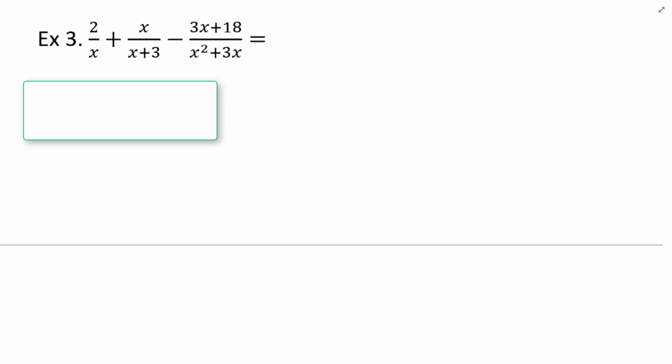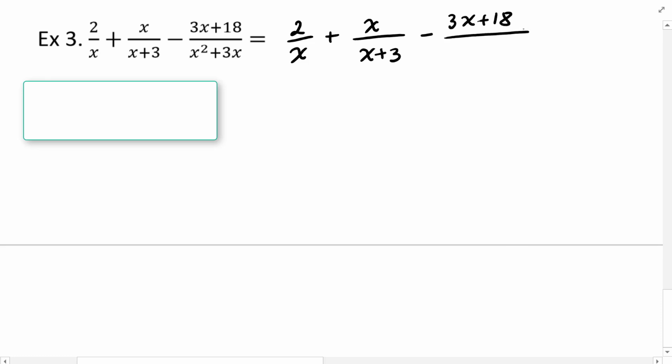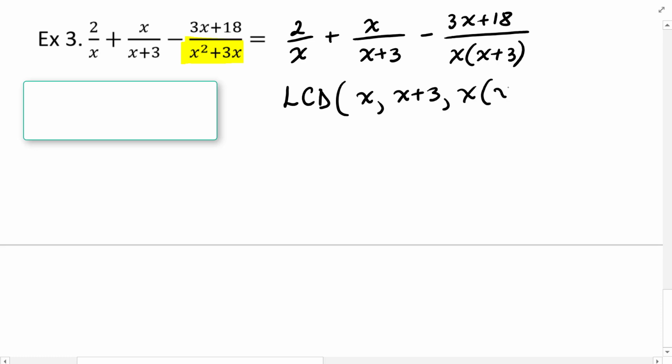Let's solve example 3. So we have 2 over x plus x over x plus 3, they are in factor form, these denominators, minus 3x plus 18 over x times x plus 3. So we factored this denominator because it wasn't in factor form. Now looking at all the denominators, let's find the LCD of x plus 3 and x times x plus 3.